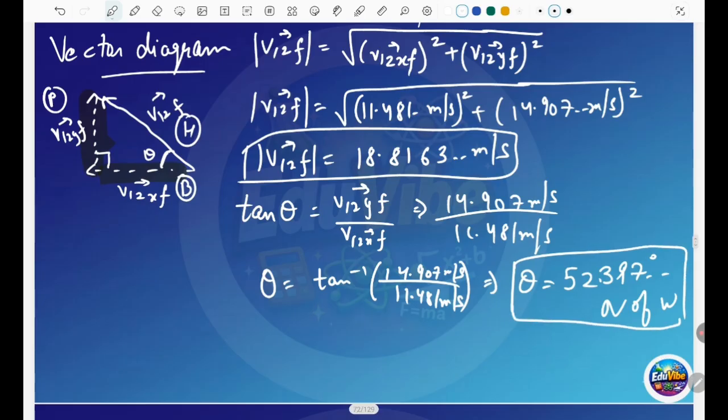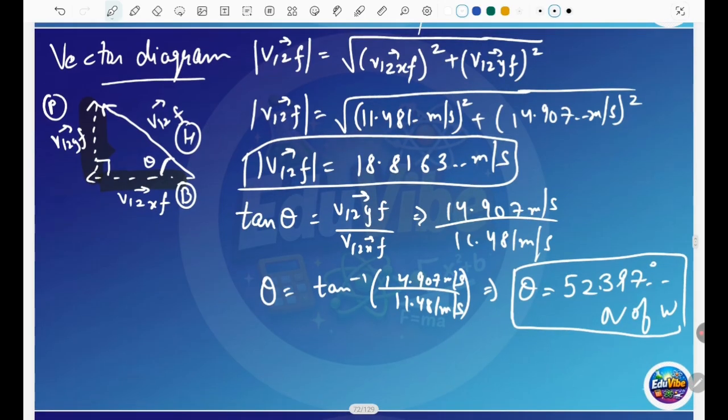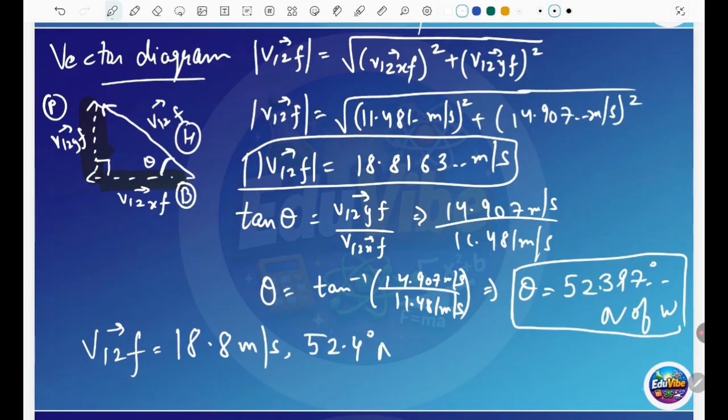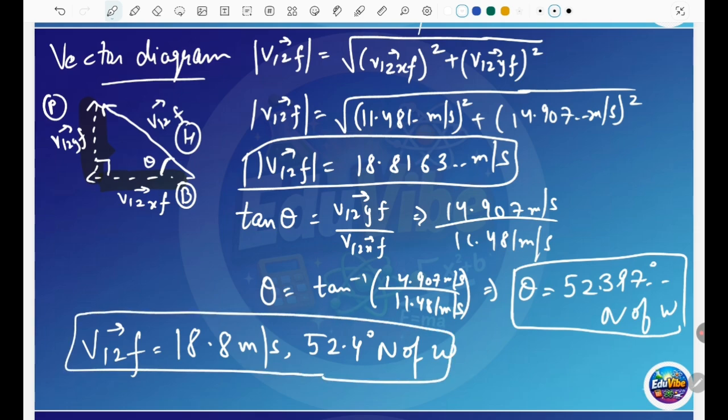Now you have to combine all things: v12f is equal to, we want 3 significant figures, so 18.8 meters per second and 52.4 degrees north of west. This is the answer for the combined velocity after the collision.